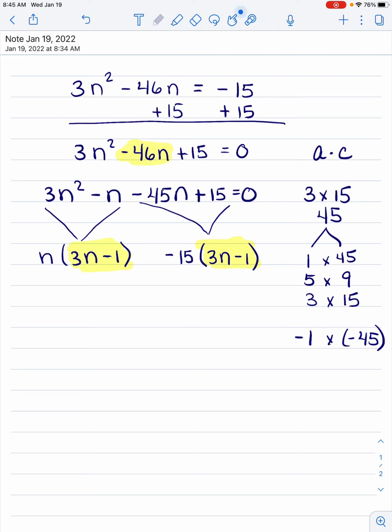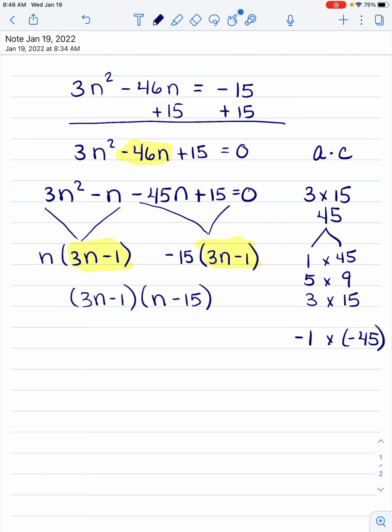So I'm going to use that as a factor. So I have 3n minus 1. And my other binomial is going to be just taken from these outside terms, the terms outside of the parentheses, which is n minus 15.